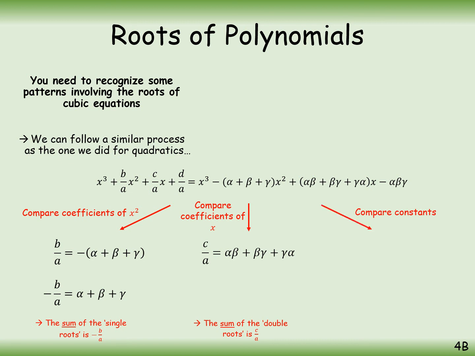If we compare the constants, d over a equal to minus alpha beta gamma, the product of all three with a negative. So we could say minus d over a equal to alpha beta gamma. So the product of the triple roots is minus d over a.